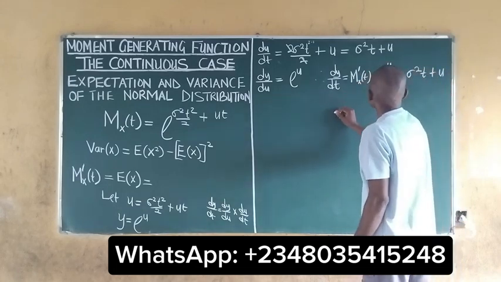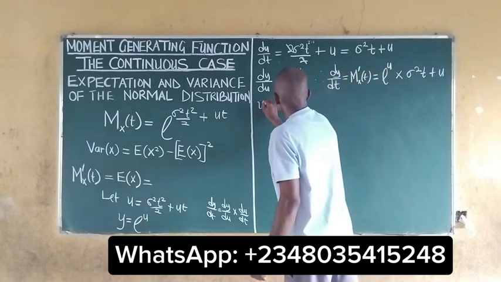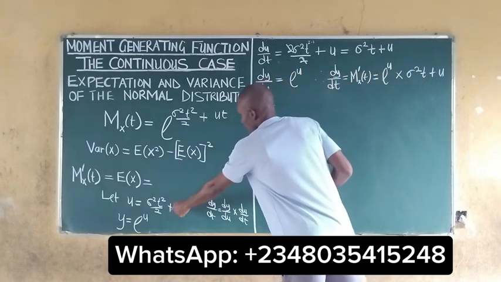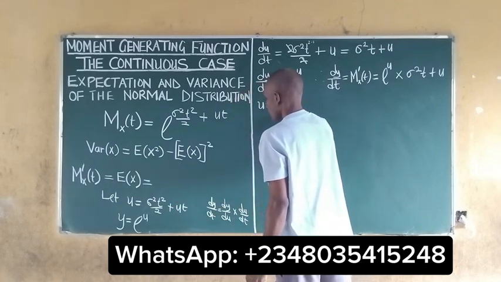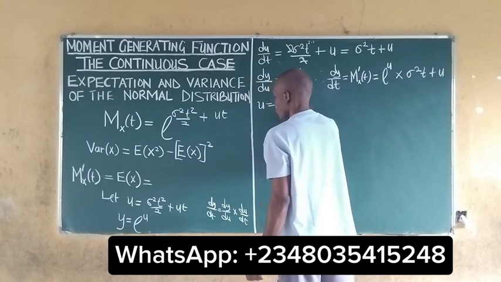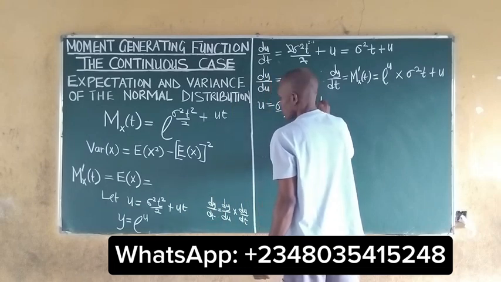We should note that our u is sigma squared t squared all over 2 plus mu t.